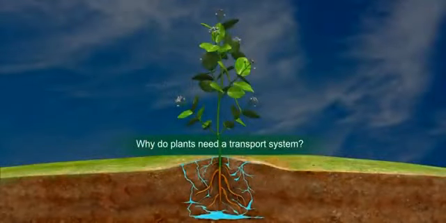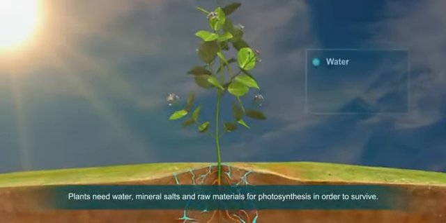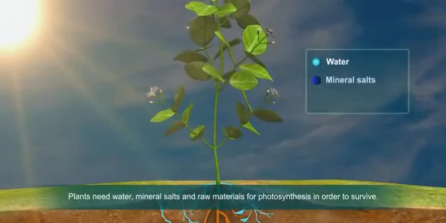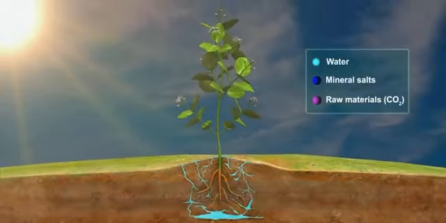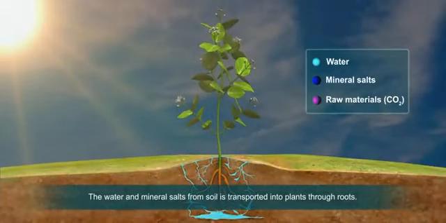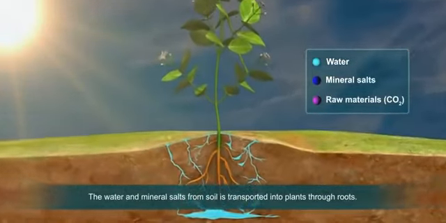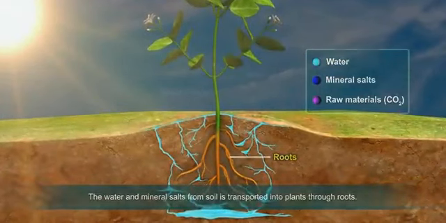Why do plants need a transport system? Plants need water, mineral salts, and raw materials for photosynthesis in order to survive. The water and mineral salts from soil is transported into plants through roots.